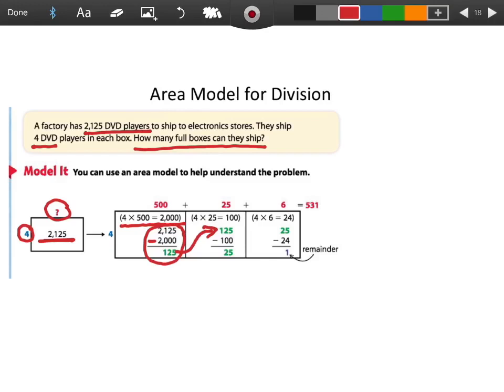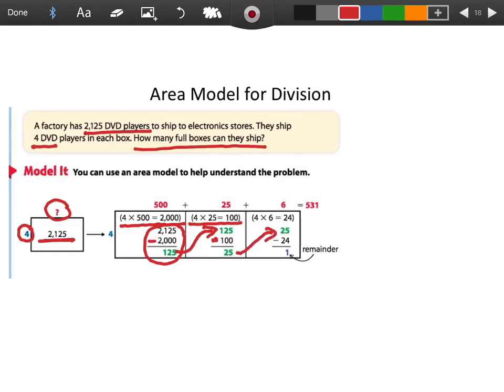So I'm going to think quarters, and I'm going to say 4 times 25 is 100. So I'm going to pack 25 more boxes of DVD players. So that's 100 DVD players that I'm going to take out from that 125, and that leaves me with 25 DVD players left to pack. So now I'm going to move that back up here.